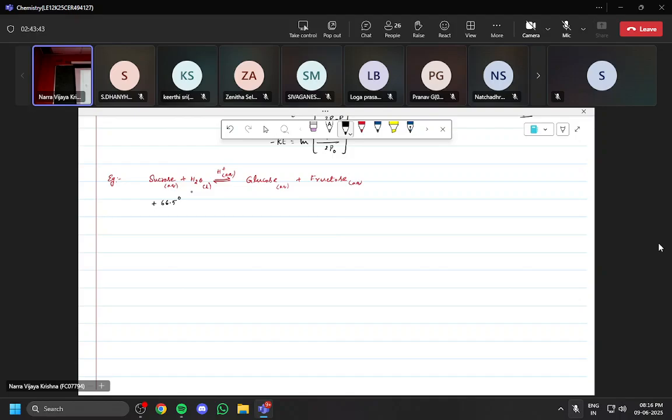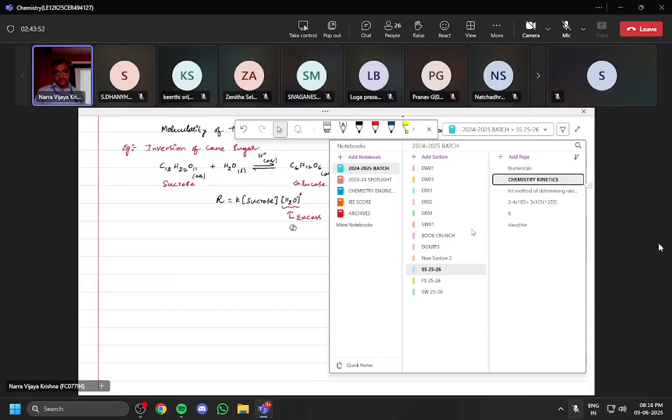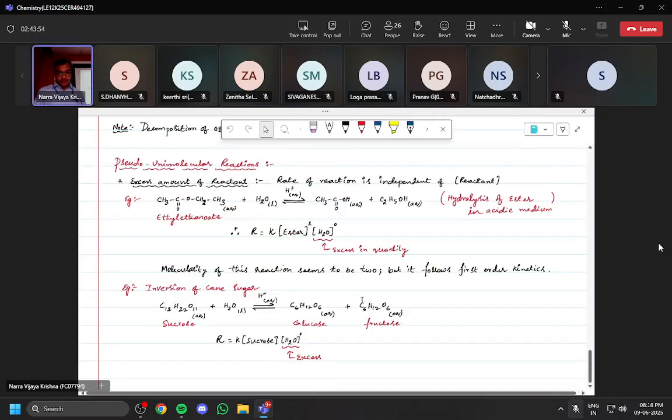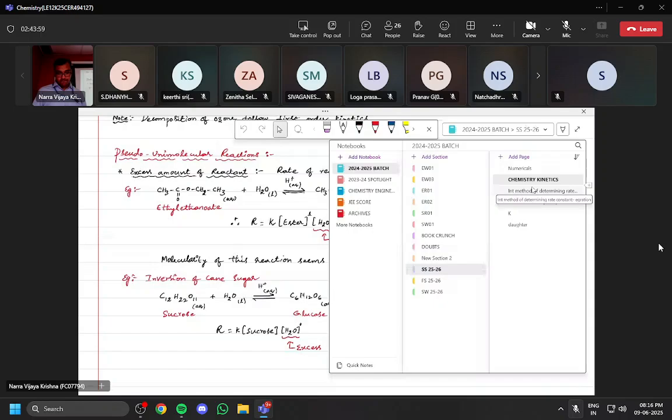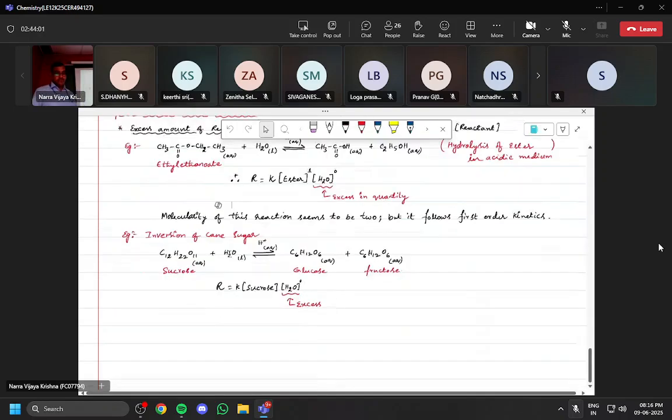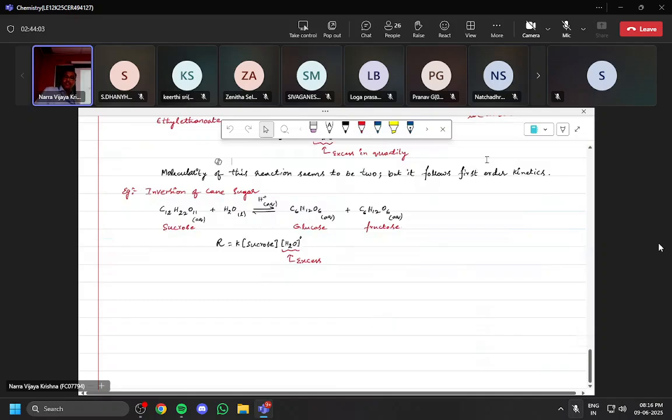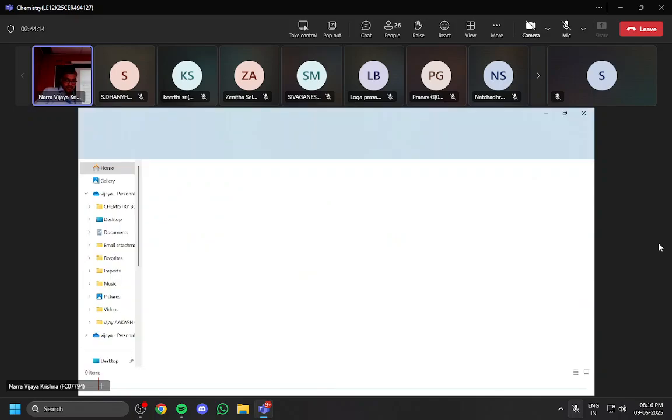Glucose. Optical activity, optical rotation. Where did we discuss this? Class 11th, in GOC.